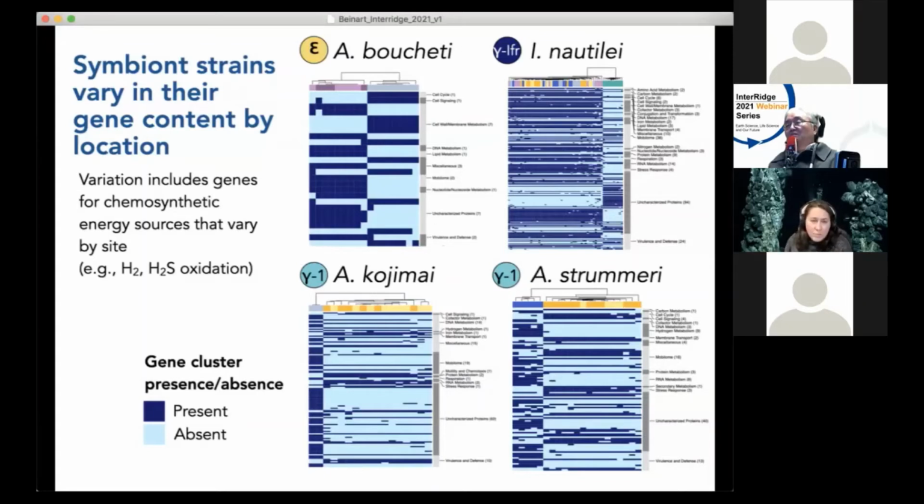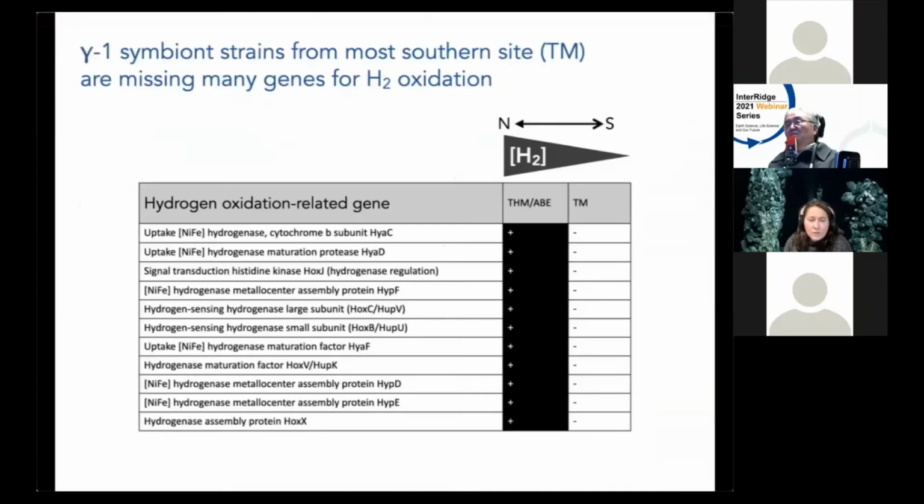And just to go into more detail, and perhaps one of the most interesting stories is that we found that when we look at this gamma-1 symbiont type, strains from the most southern site, which is Tui Malila, are missing many genes for hydrogen oxidation compared to the strains that are found in the northernmost sites, which have higher hydrogen concentration.